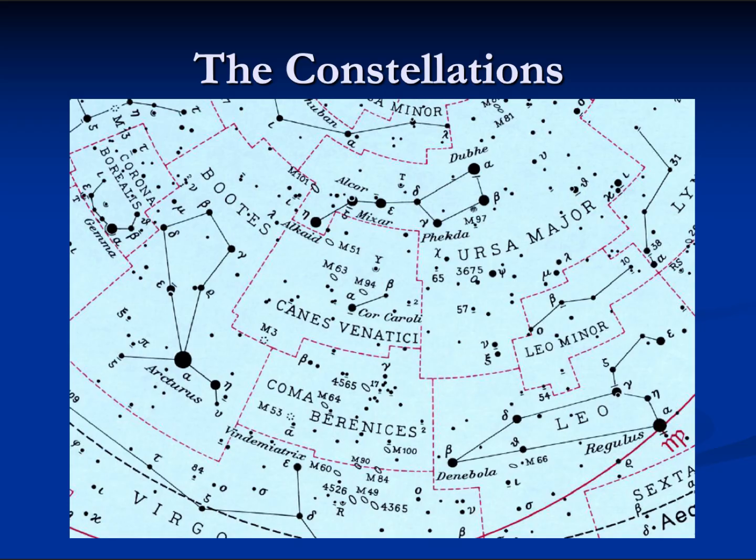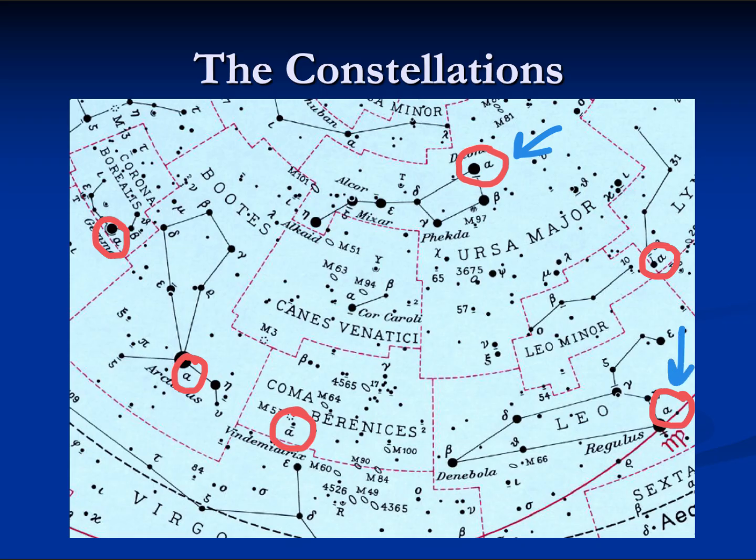So let's look back at the map we looked at earlier. There are several stars that each carry the Alpha designation. Each one of these stars is the brightest one in its respective constellation. This one is Alpha Ursae Majoris, while this one is Alpha Leonis.